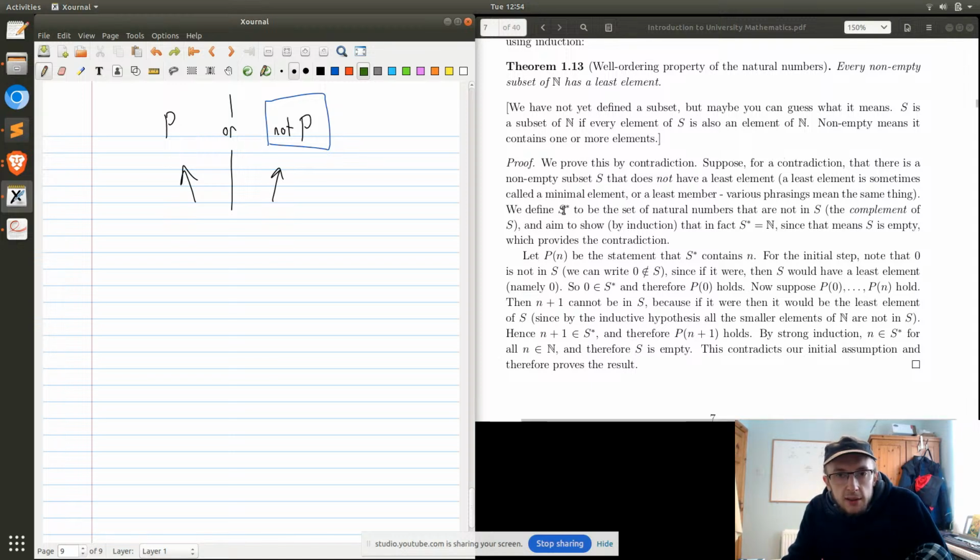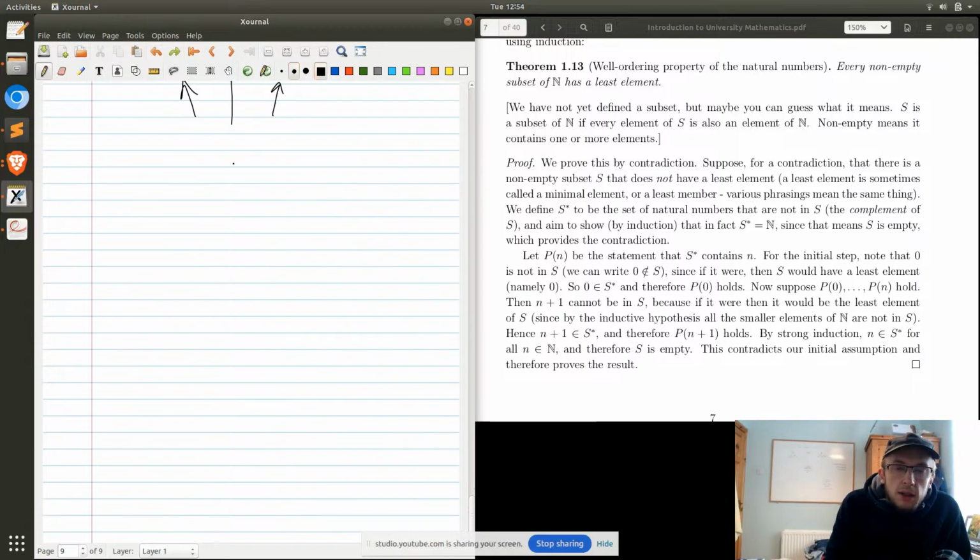We define S star to be the set of natural numbers that are not in S, in other words, the complement of S. And we aim to show by induction that in fact S star is the set of natural numbers itself, since that means S is empty, which provides the contradiction.